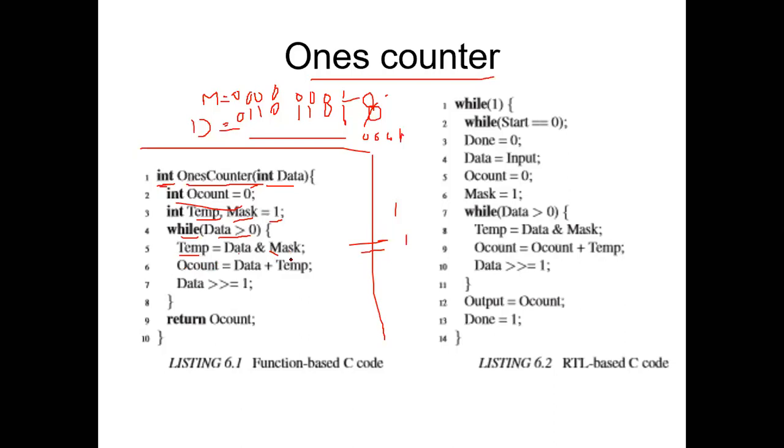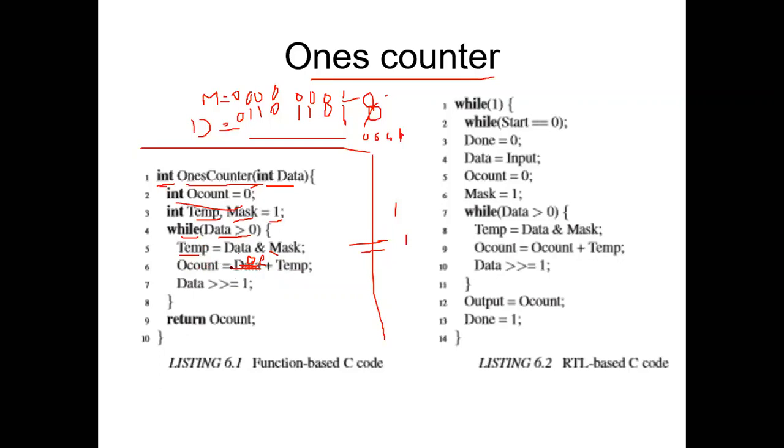Then the next operation is output count. O count equal to, there is a small change here. This is not data, this is equal to output count: output count equal to output count plus temp. That is the instruction to be here. There is a small change in the code.